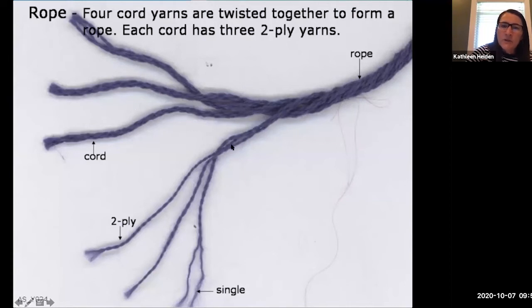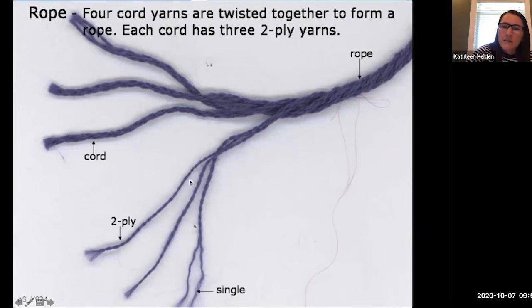If we undo a cord, we have 1, 2, 3 plies, or 3 yarns that were twisted together to make a cord. So this cord has 3 yarns, this cord has 3 yarns, this cord has 3 yarns, this cord has 3 yarns.